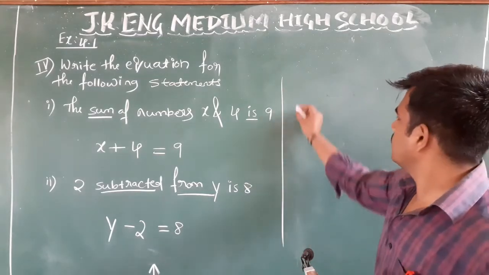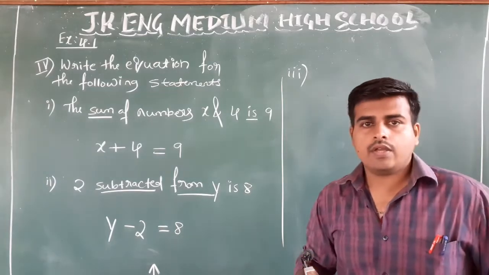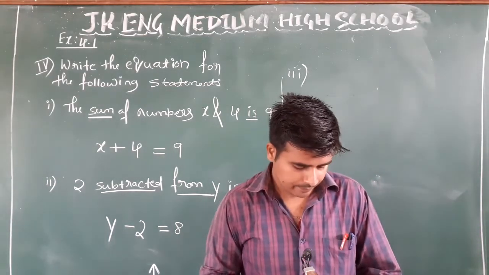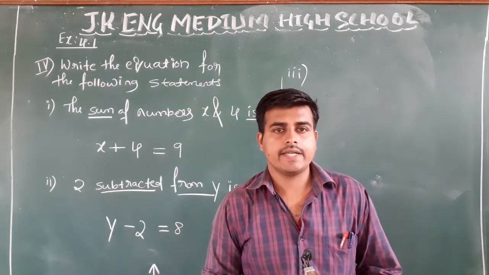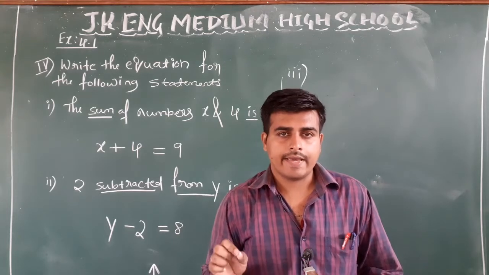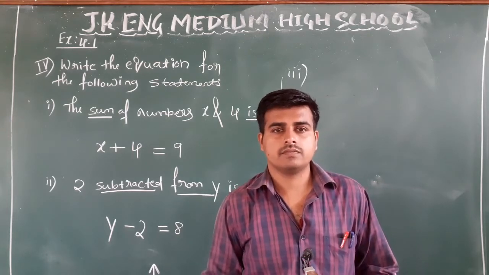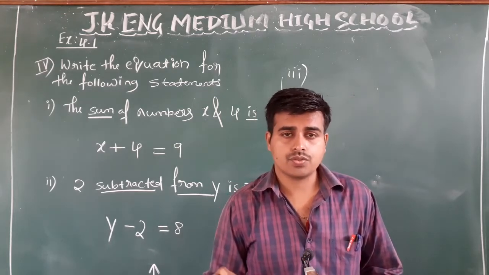Let's discuss the third one. I hope you can see it in your textbook. I will just read the statement. 10 times A is 70. 10 times means what? How many times? It always shows into.